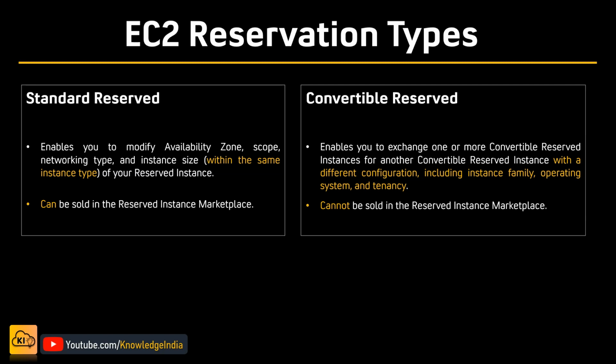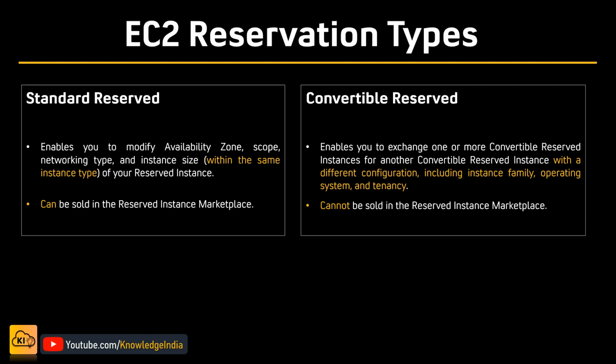In the standard one, a few things you can change. For example, you can change the availability zone, or you can change the size within the same family, but that gives you a very slight amount of modification chances. Whereas in the convertible one, you can do a lot more changes. So that's why convertible is slightly costlier.